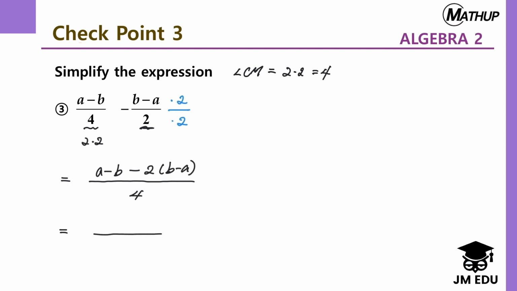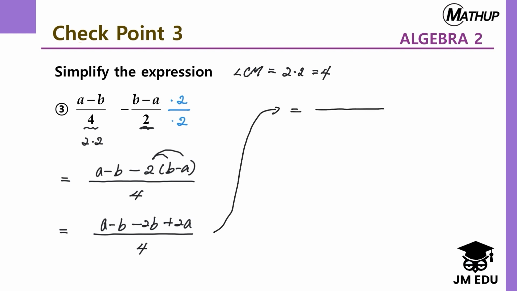So let's simplify the numerator. A minus b minus 2 times b, minus 2b, minus 2 times minus a, that's plus 2a over 4, right? So that's going to be equal to, we have variable a, variable 2a, like terms, right?